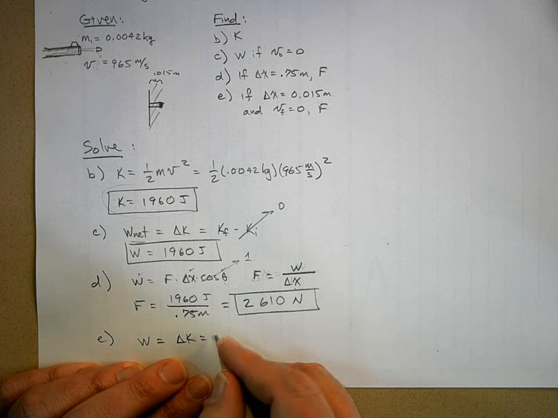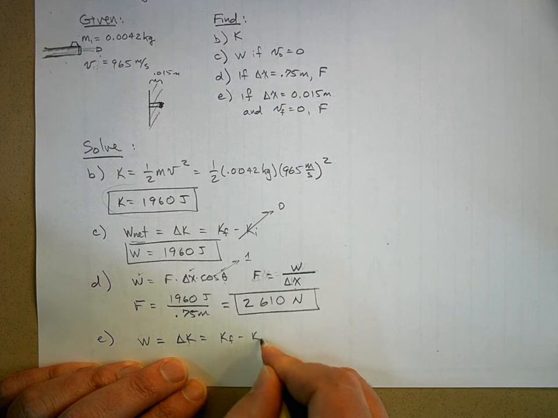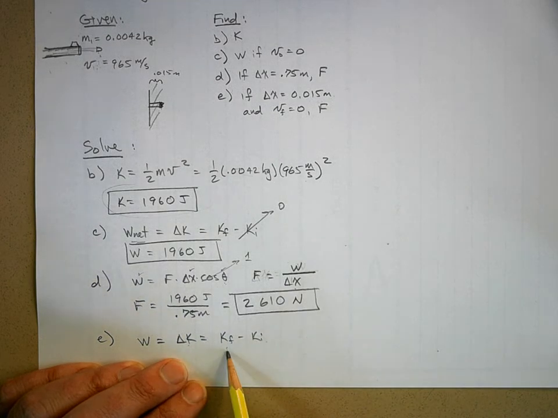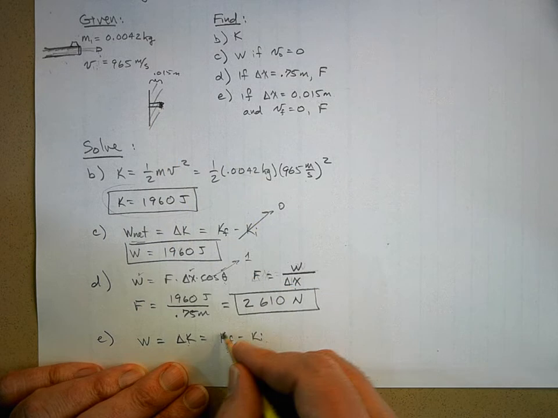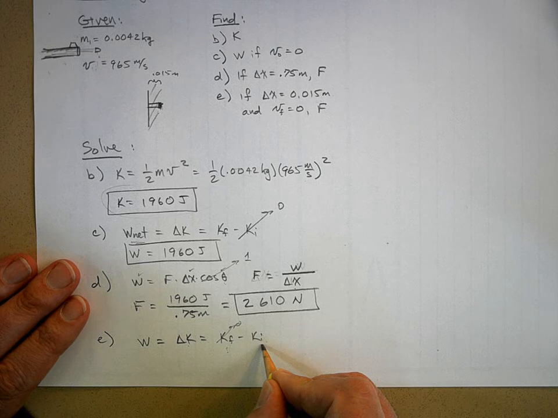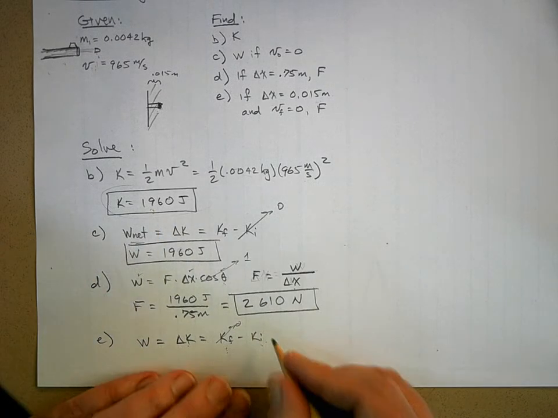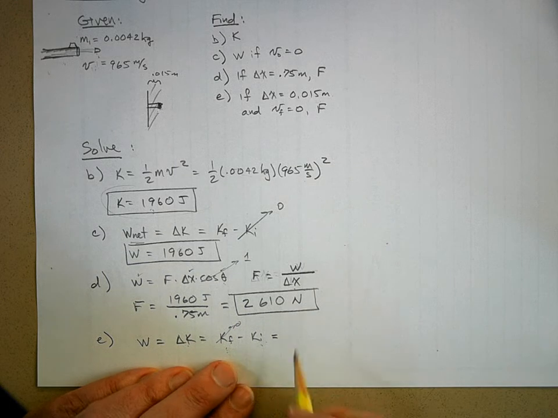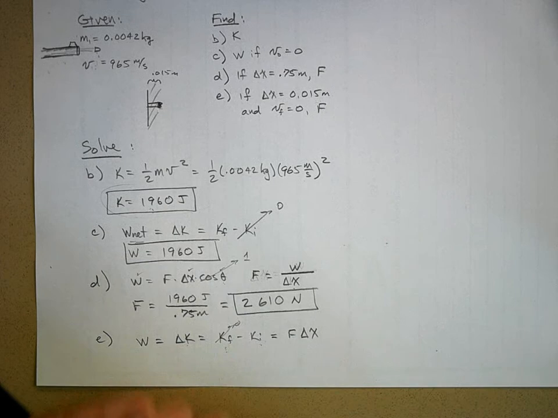And this change in kinetic energy is K final minus K initial. Well, we know what K final is. What's the final kinetic energy of the bullet? Well, it stops, so it's 0. And this is the initial kinetic energy of the bullet, which we got from part B. And that's going to be equal to the force times the displacement.